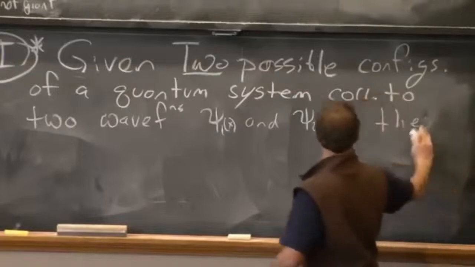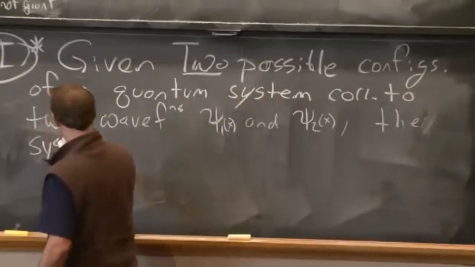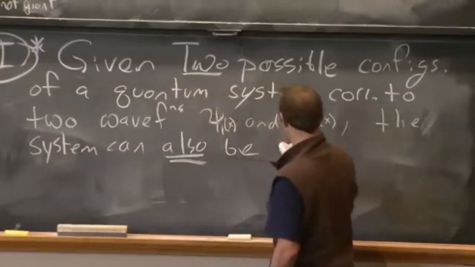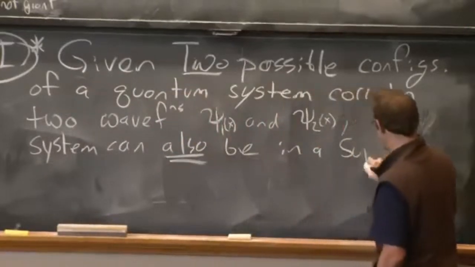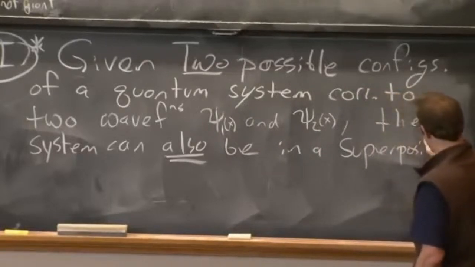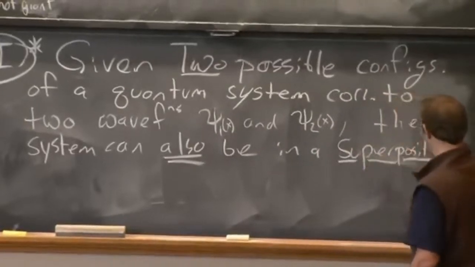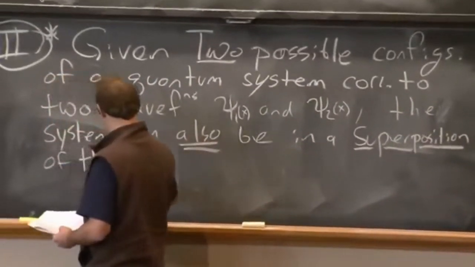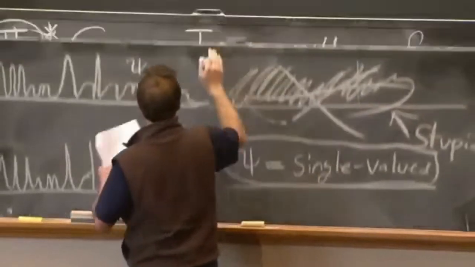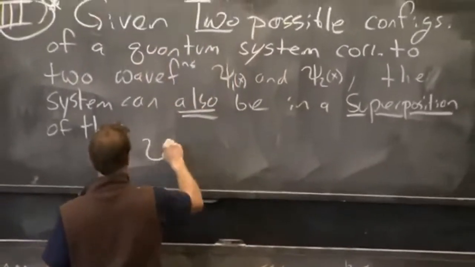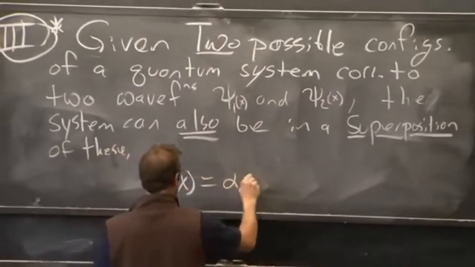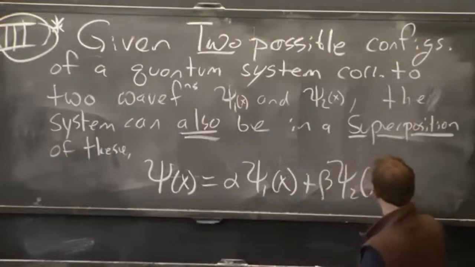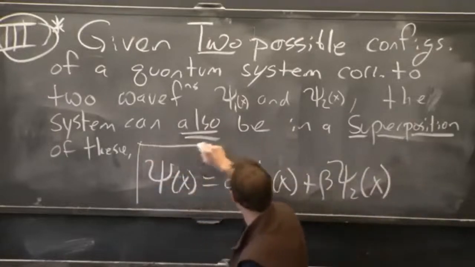The system can also be in a superposition of psi1 and psi2, where alpha and beta are complex numbers.